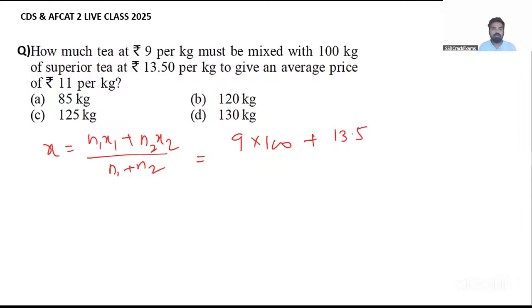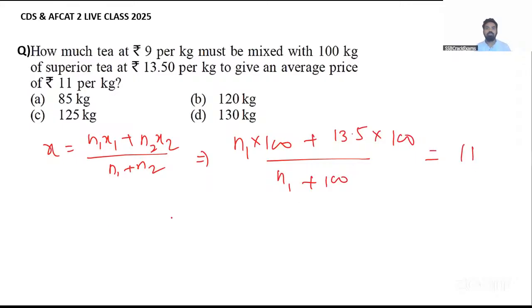How much? We do not have N1 now. So it is 100 upon N1 plus N2, and this is equal to 11. So just multiply: 11 N plus 1100 is equal to 100 N plus 1350.